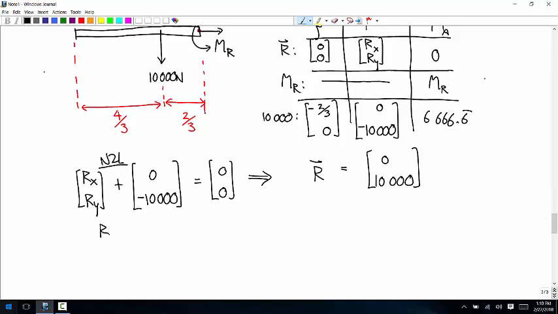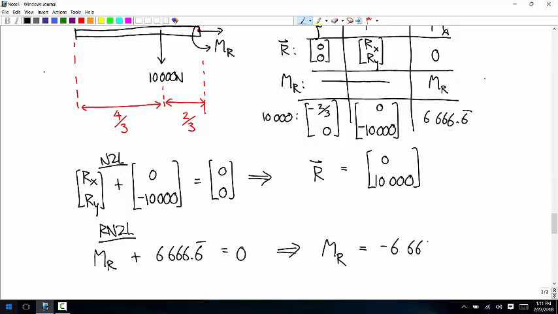And the moment equation says MR plus 6666.6 repeating is equal to 0. So MR is negative 6666.6 repeating. The units are Newton meters for the moment for that couple, and for R it's newtons.